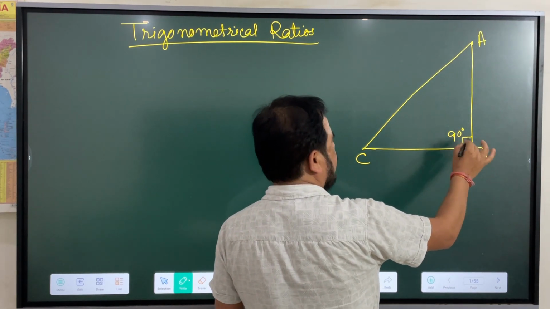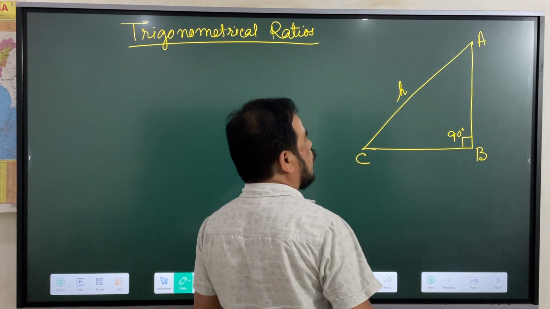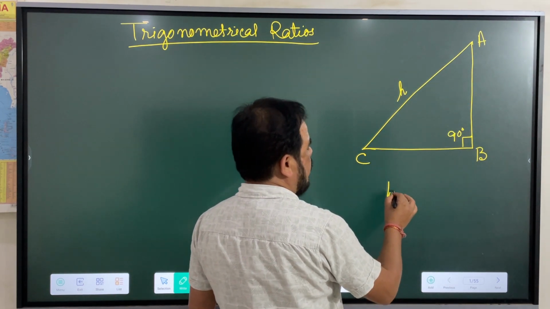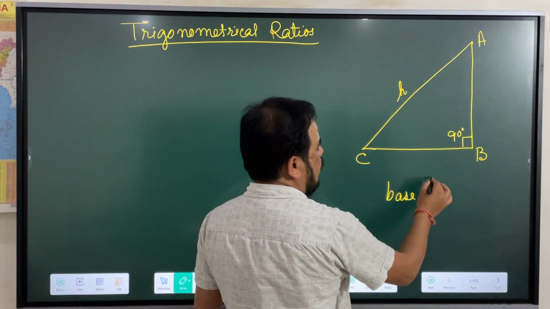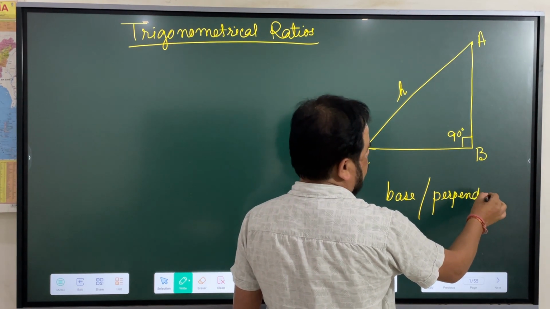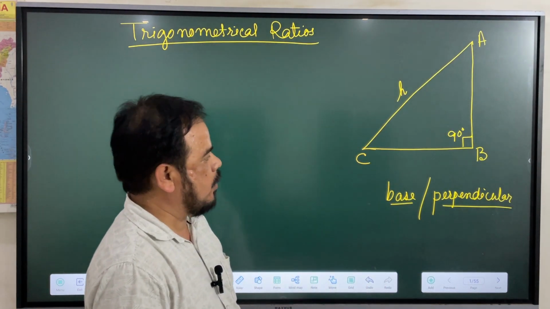Opposite of the right angle, this side is always called hypotenuse, that we know. And either AB or BC, one will be base and one will be perpendicular. That you already got in lower classes.